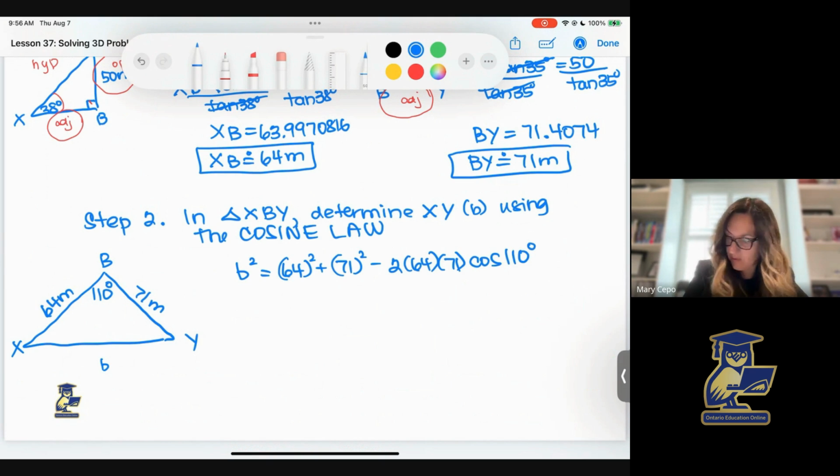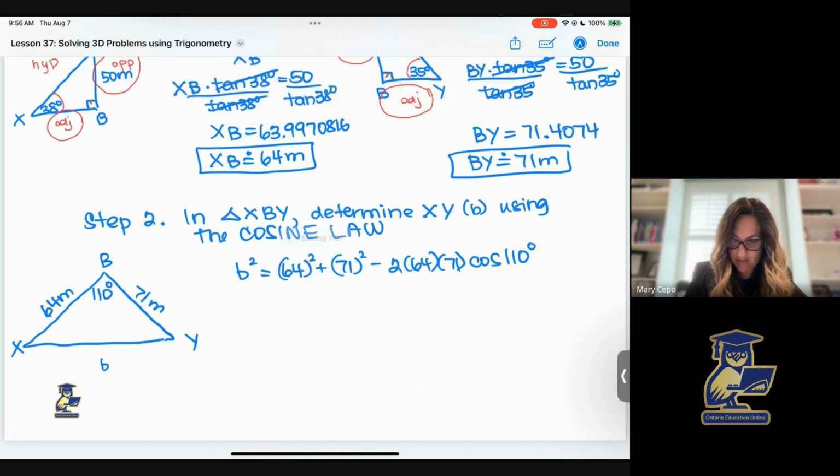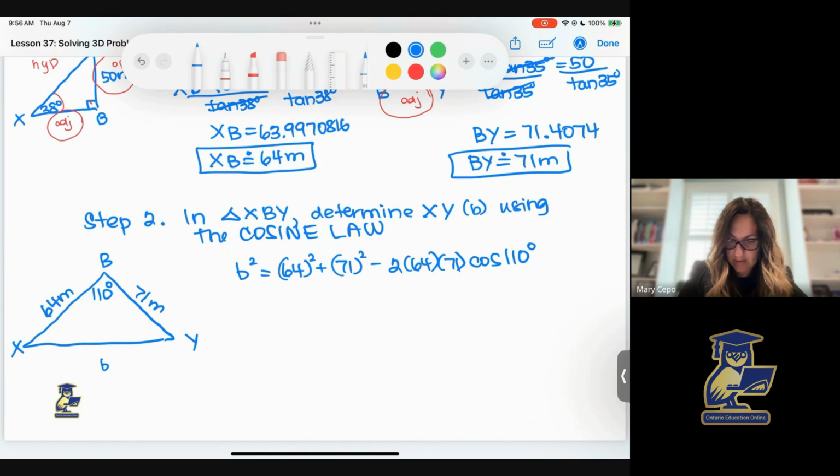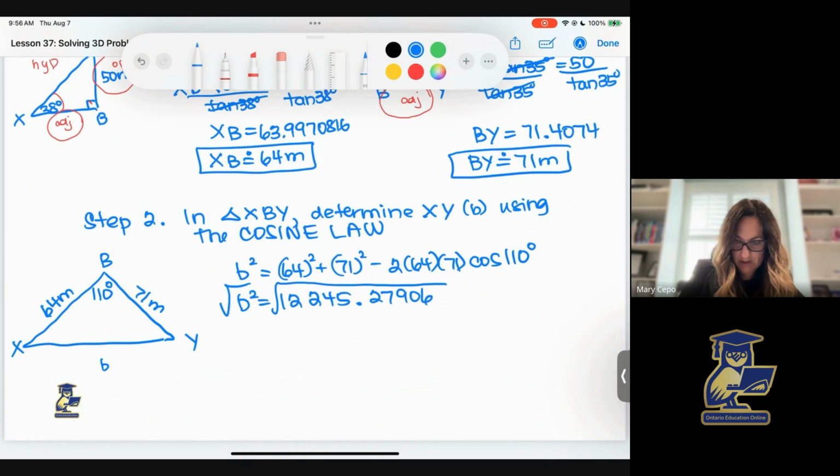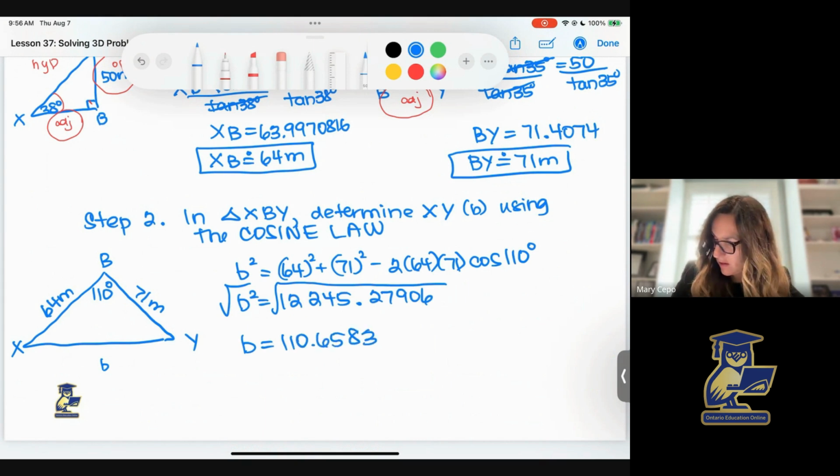So taking 64 squared plus 71 squared minus 2 times 64 times 71 cos of 110 would be about B squared equals 12,245.27906. And of course, we need to get rid of the square, so we square root both sides. And we are left with B equal to 110.658389. Rounded, B is approximately 111 meters.